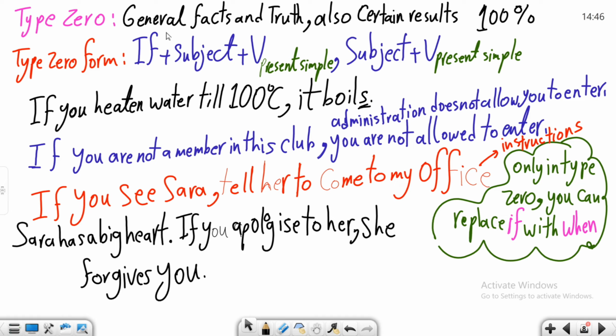And the question is, why, when, where do we have to use type 0? The answer is simple. Why do we use present simple in general?